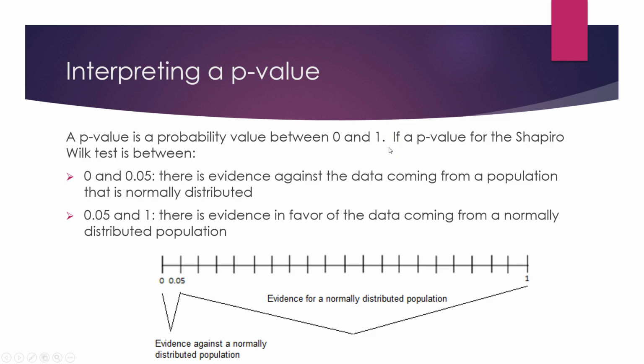If the p-value for the Shapiro-Wilk test is between 0 and 0.05, so on your number line here, that's pretty close to 0, pretty small values, there is evidence against the data coming from a population that is normally distributed. If your p-value is between 0.05 and 1, which is the whole rest of this number line here, then there is evidence in favor that the data comes from a normally distributed population.